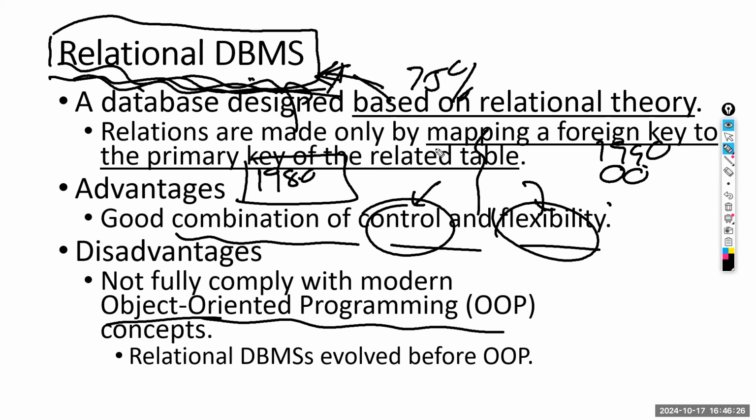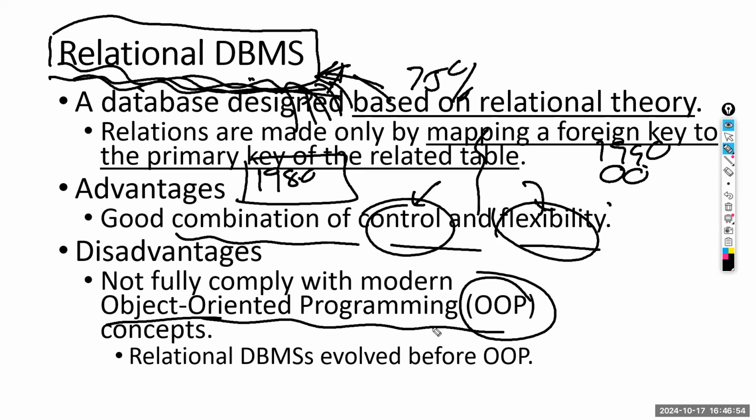But now the RDBMSs are adding more and more support for object-oriented features. Though object-oriented came later, relational database management system vendors also try to modify and improve it, so they are now gradually adding some object-oriented features.